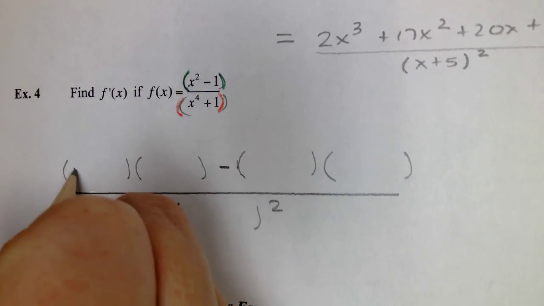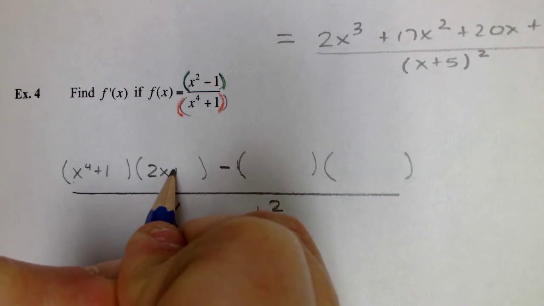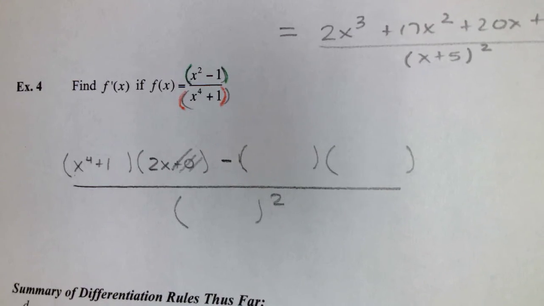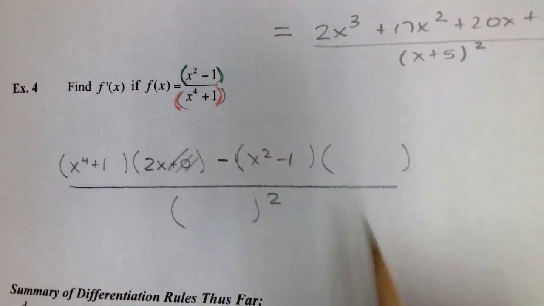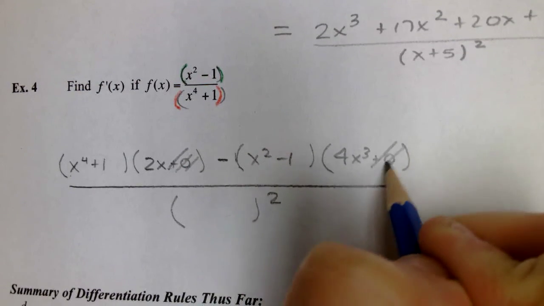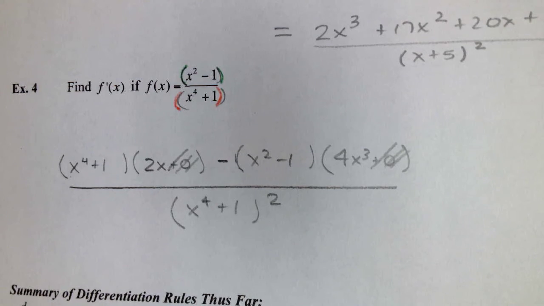Start with the g function, x to the 4th plus 1, times the derivative of x squared minus 1, which is 2x plus 0, I can get rid of the 0. Minus the f function, x squared minus 1, times 4x to the 3rd plus 0, I can get rid of that. In the bottom, x to the 4th plus 1 squared.